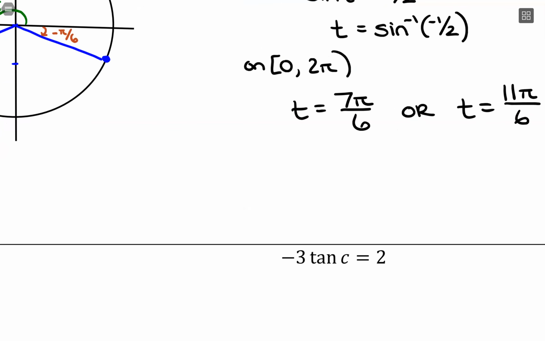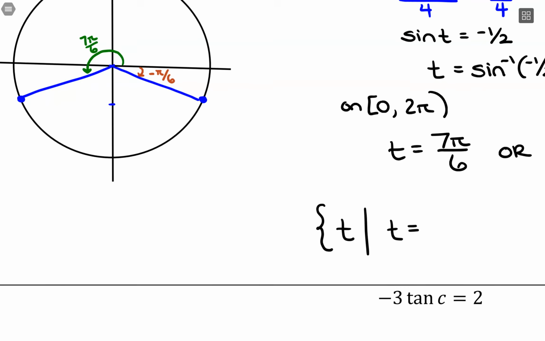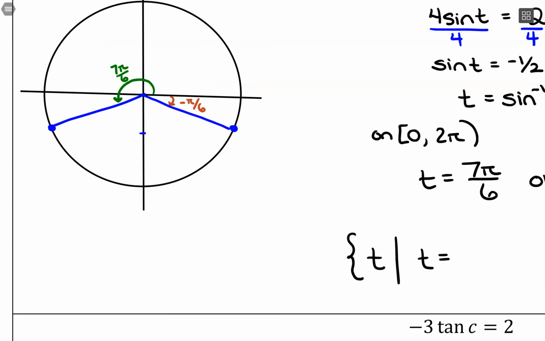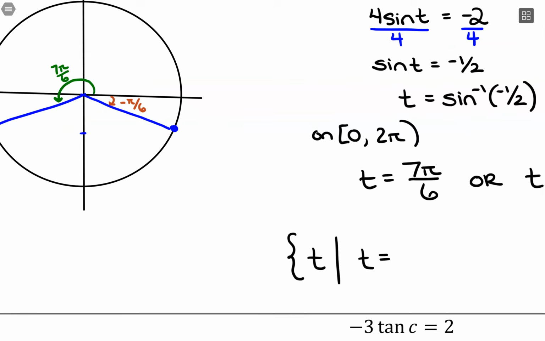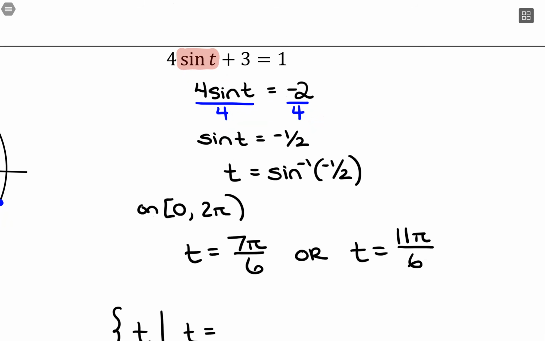Now what I'm going to do is create a formula to describe all possible solutions. So we're working with t, and then I'm going to have t equals. Now, this case, it doesn't have that nice symmetry like we saw in that last scenario. So this one, I'm definitely going to have those two separate equations. And we're working with sine here. So the period is just 2 pi.